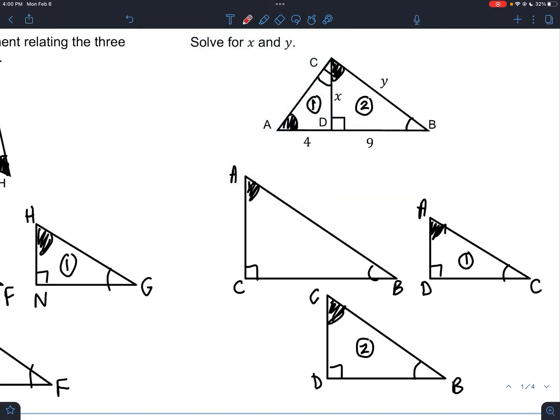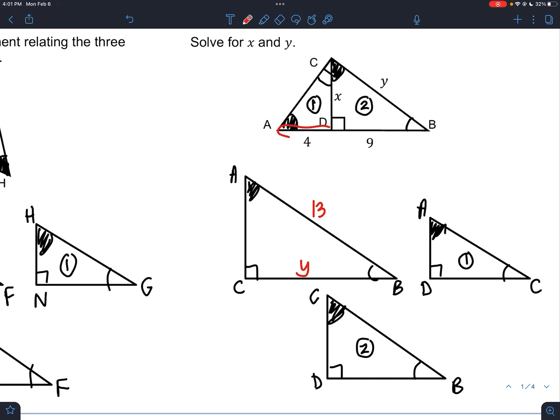And now we're gonna go back in and label any sides that we know. So what's the length of AB? It looks like it's 13, these together. What's the length of AC? We don't know. There's nothing labeled for AC. And for BC, there's a Y labeled. So I'll put a Y there.